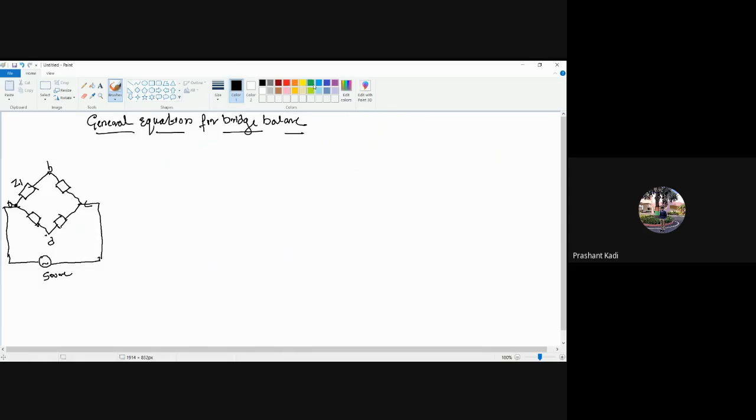Z1, and the second arm AD is Z2, the third is Z3, and the fourth is Z4. Current flowing through the first arm is I1, through the second arm is I2, through the third is I3, and through the fourth is I4.